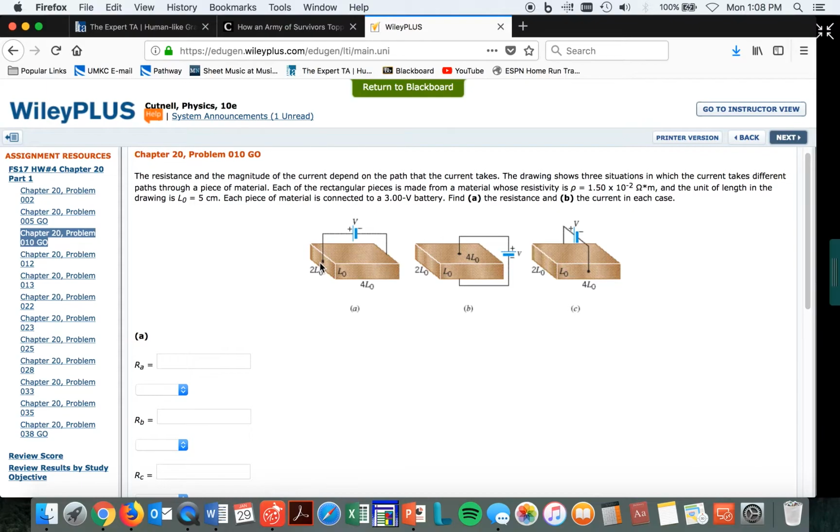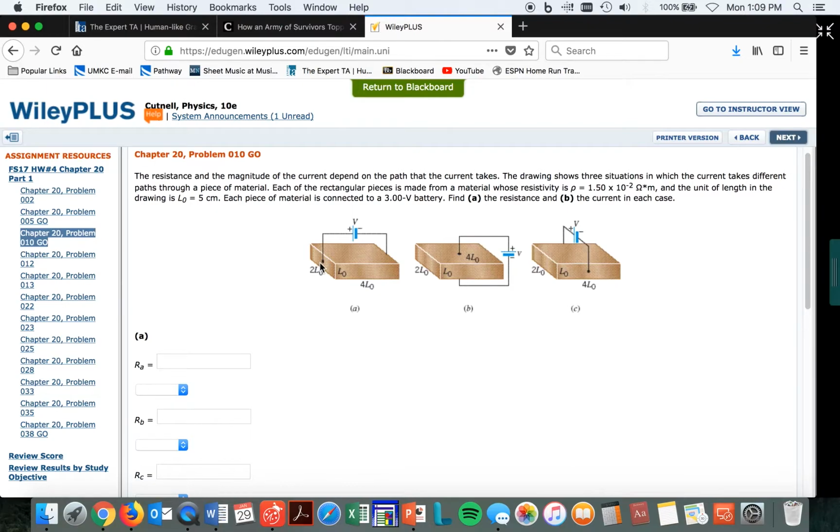The cross-sectional area that the current is going to go through is L naught times 2L naught, which is equal to 2 L naught squared. The length is equal to 4L naught. Because the current's going to go this way, it's got to go that length. The area is not bad.